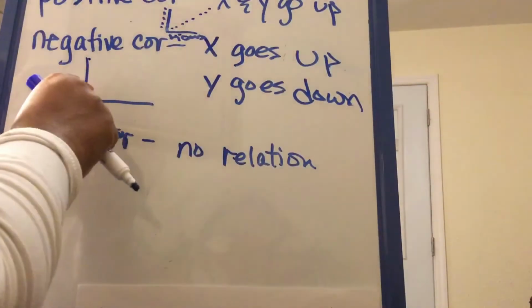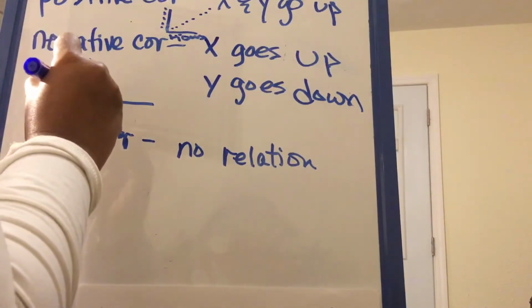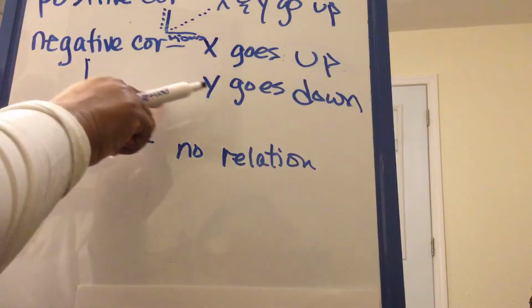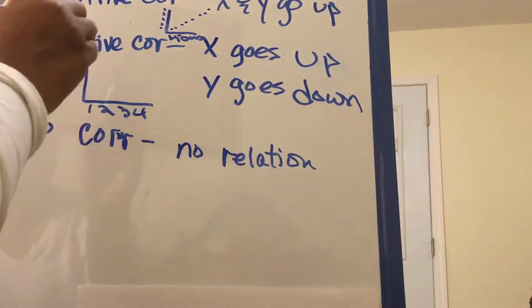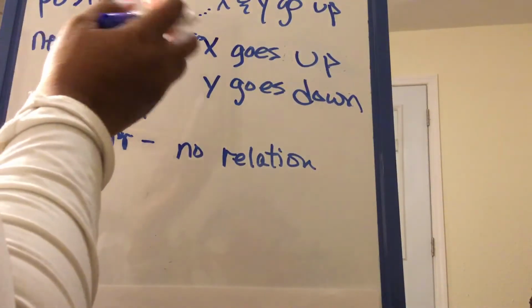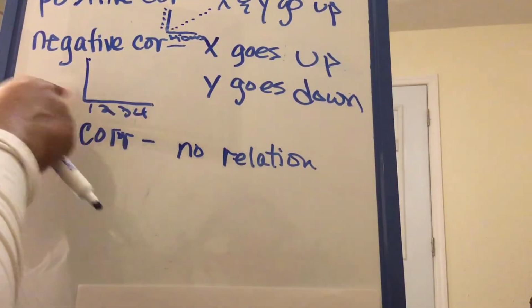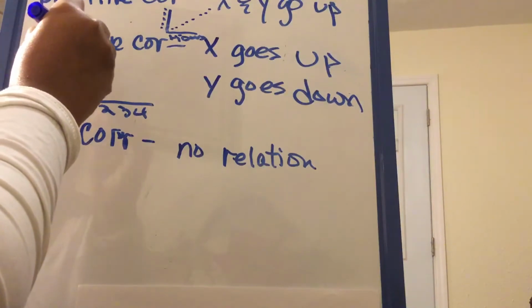X goes up, y goes down. Because x is 1, so this is like 1, 2, 3, 4. This is x and this is y. So x never goes down, because then it would be a negative. So then your graph looks like this.